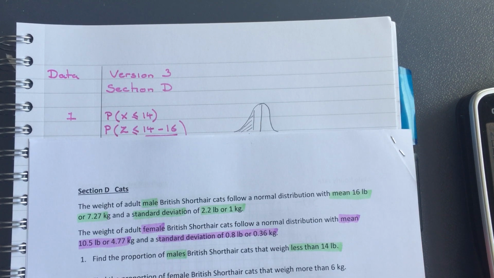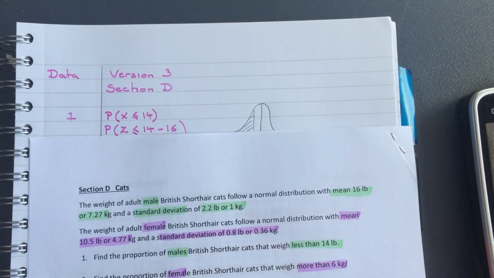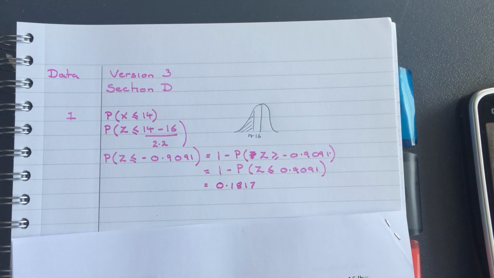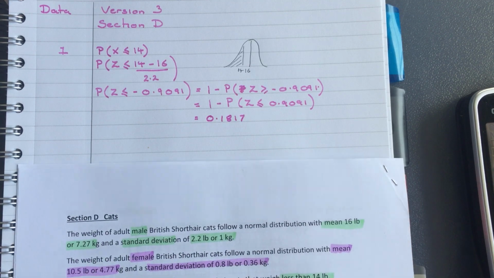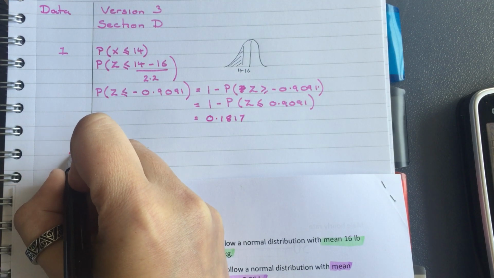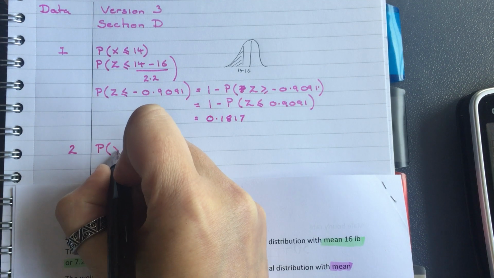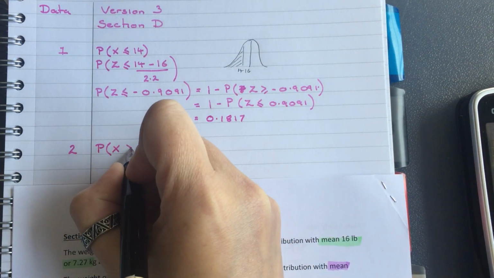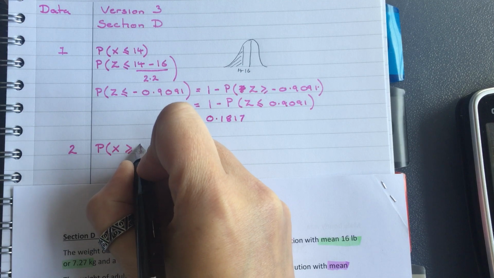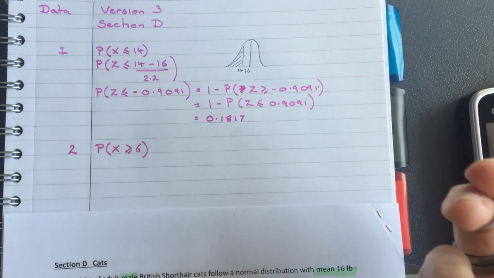Okay, so next we are looking at female short hairs weighing more than 6 kilograms. For part 2, we want the probability that a cat is more than 6 kilograms, and that's a female cat.